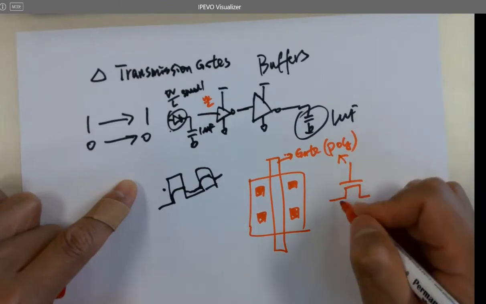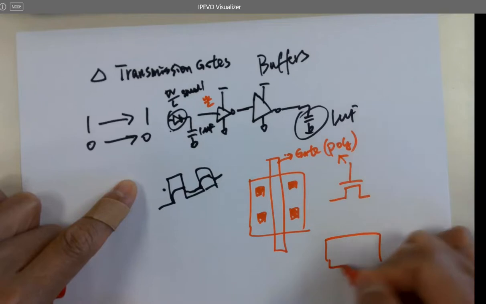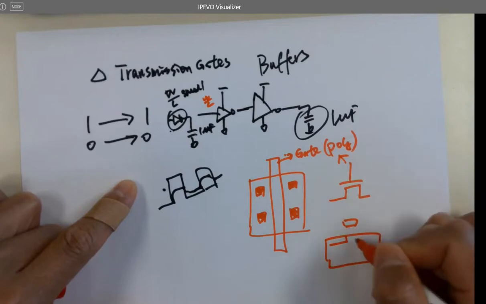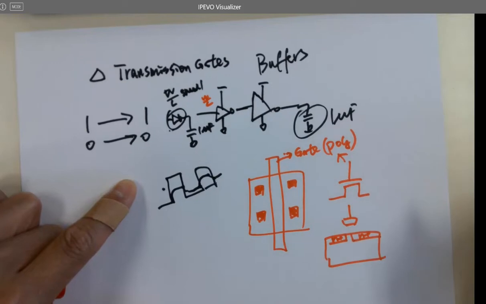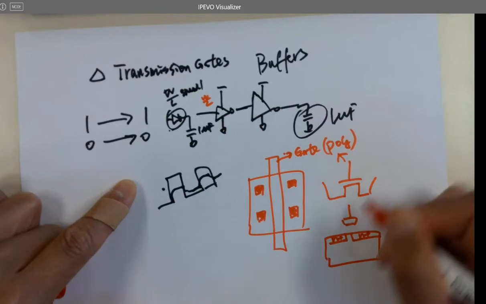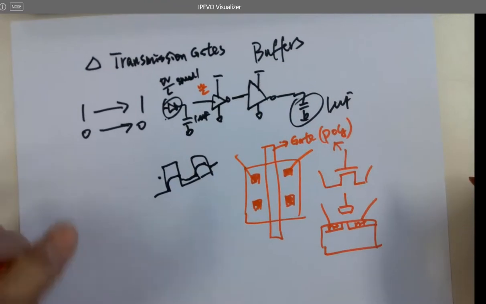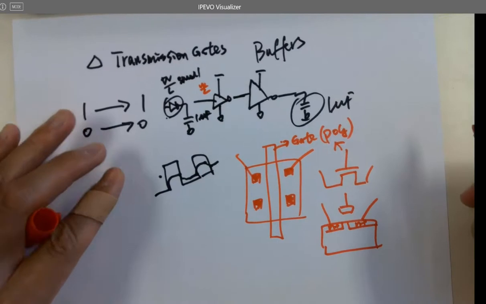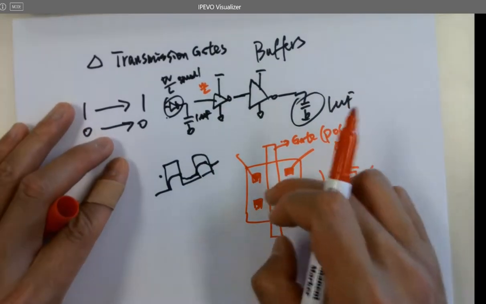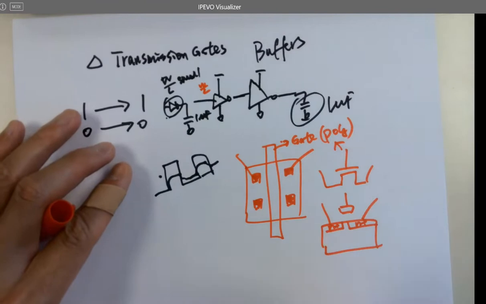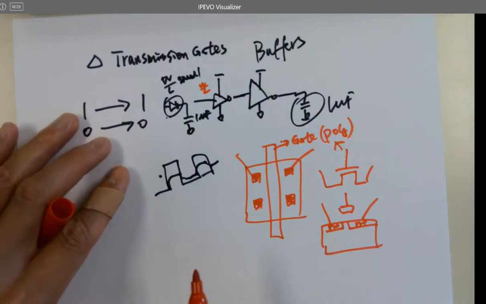Or if you draw the cross-sectional view, there's a gate, and source and drain. Which dimension here is the length, and which dimension is the width of the transistor?